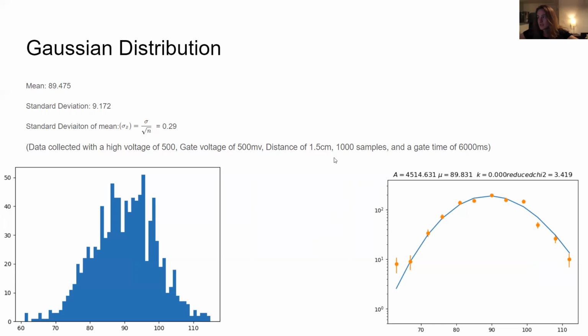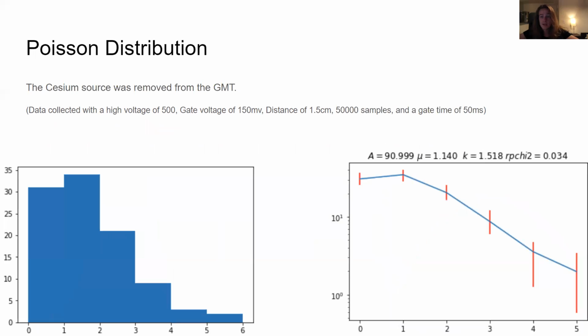So here were the settings that we used, and we had 1,000 samples, each giving a gate time of 6 seconds. So this is pretty interesting. By just increasing the gate time to 6 seconds, we end up with a Gaussian distribution as opposed to this Poisson distribution, which has a lower amount of counts.